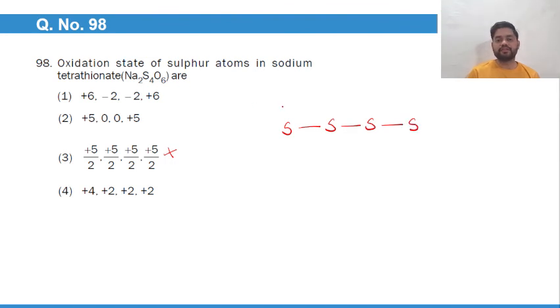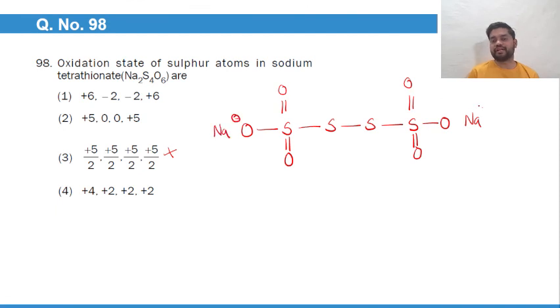Okay. How many oxygens are there? 6. So 1, 2, 3, 4, 5, 6, and then sodium, where this will carry a negative charge and this one also carries a negative charge. This is positive charge and this is positive charge. So here what we can do is, see, this is -1, so this will be +1.